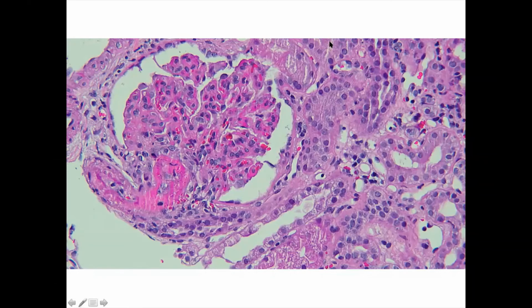Let's explain something. Those of you who said crescent formation: in real life, if we suspect a crescent, we look at it on the trichrome and on the silver stain.